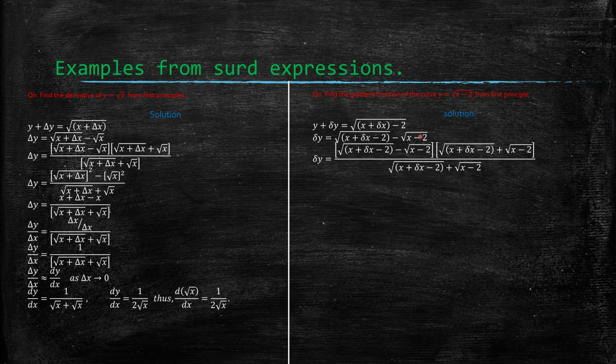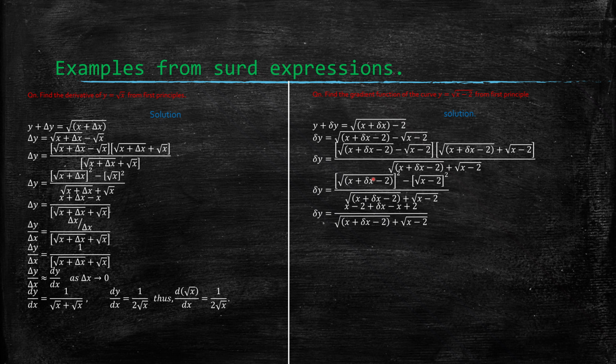When we rationalize, because from here there is no other step if you do not rationalize, we rationalize the numerator by multiplying the conjugate on the numerator and the denominator. We are going to end up having a difference of two squares, whereby the square roots multiply the square roots. When further simplifying, when the square roots go away, we are going to remain with x minus 2 plus small change in x.